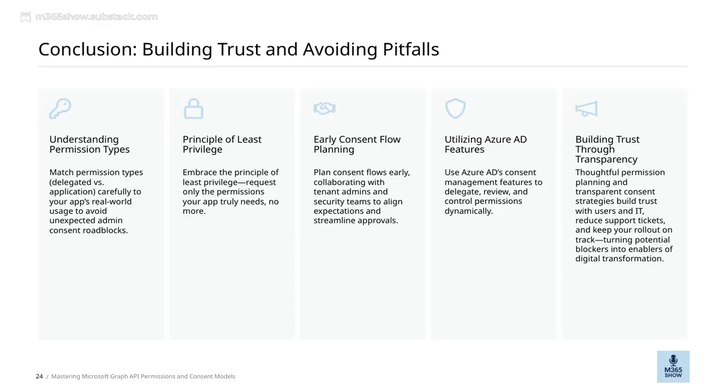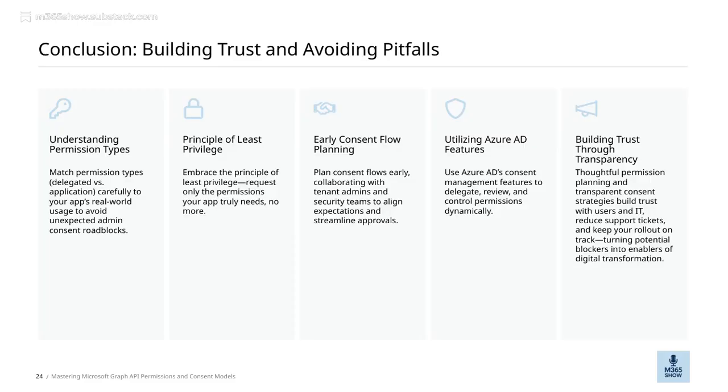It's important to plan your consent flows early, collaborate with tenant admins and security teams up front. This helps align everyone's expectations and makes approval processes smoother. Remember the principle of least privilege: only request the permissions your app genuinely needs. This minimizes unnecessary access and increases trust.